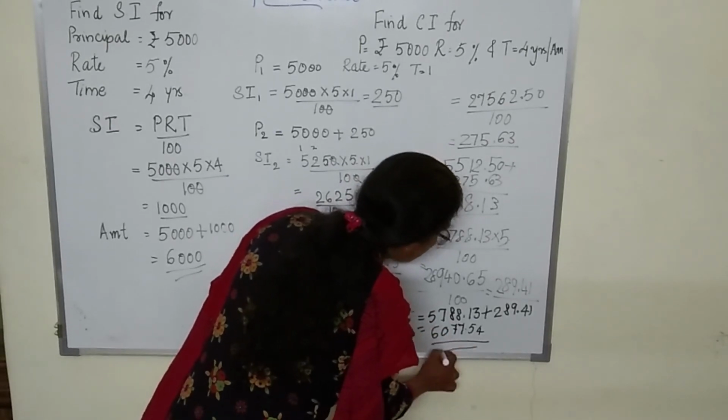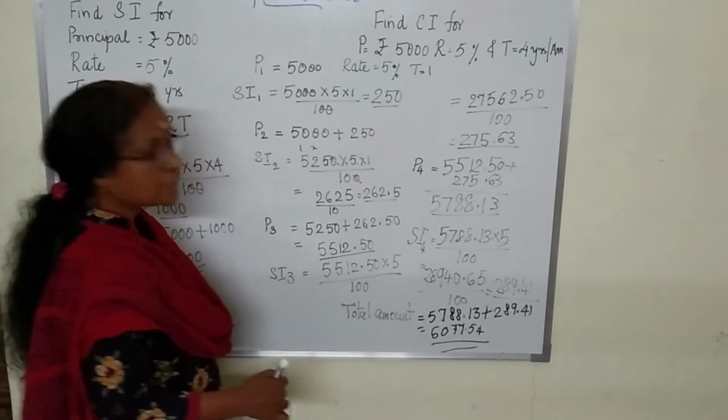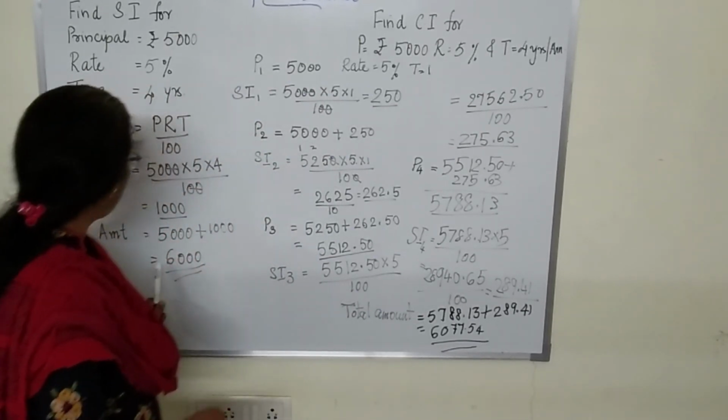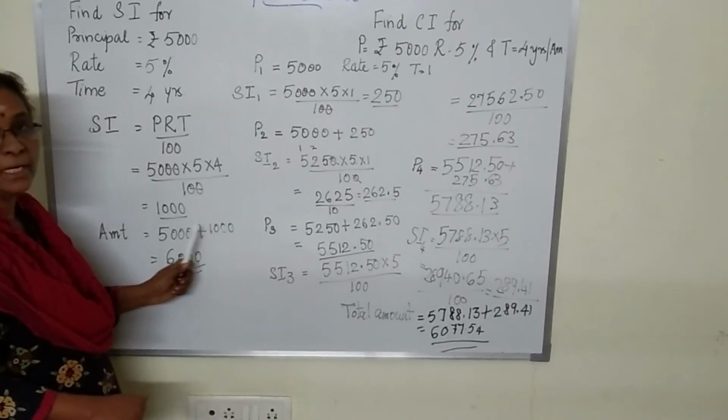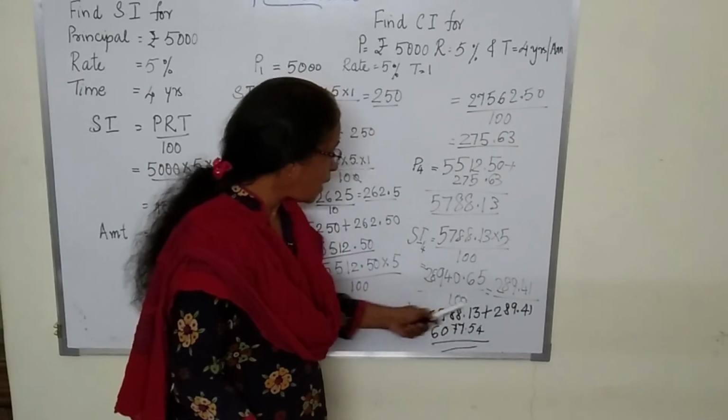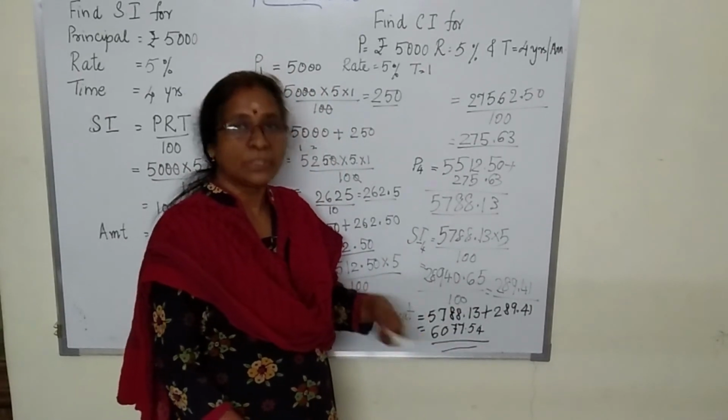So what is the amount? 6,077.54. If it was simple interest, you have to pay only 6,000, and if it is compound interest, you have to pay some amount more.